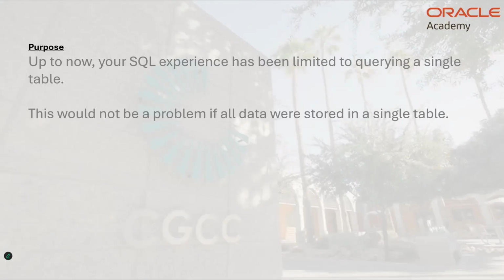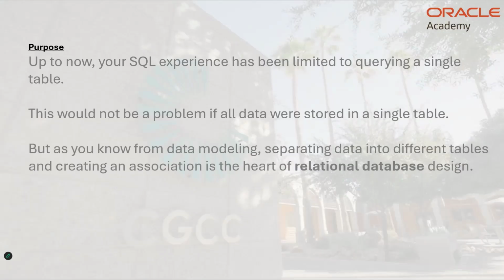This would not be a problem if all data were stored in a single table, which, by the way, it used to be that most databases were one huge table with thousands of columns and millions of records. But the whole idea of relational database came about. Since we're creating this connectivity between your tables, this is a good way to understand why that occurs.